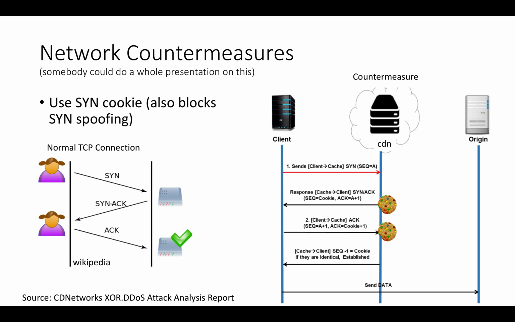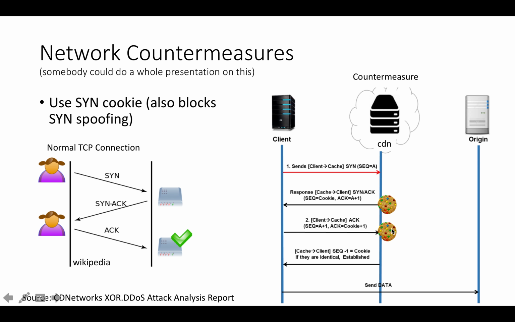So the client sends in the SYN, like you see over on the left-hand side. And what we do, or maybe you could configure your firewall to do, is we set a special cookie value in the sequence. And that cookie value is manipulated when the client sends the ACK back.